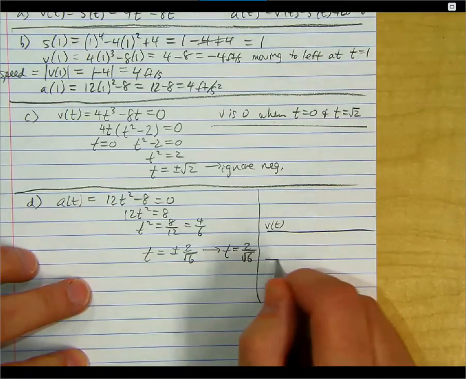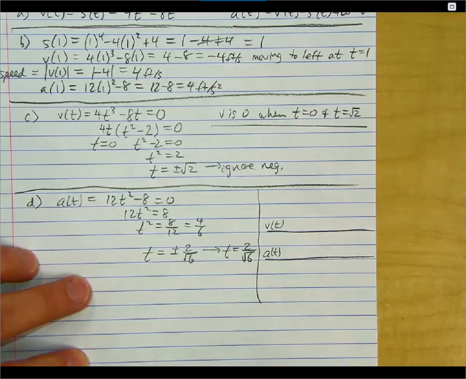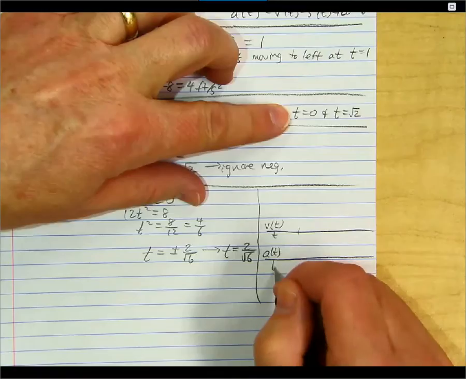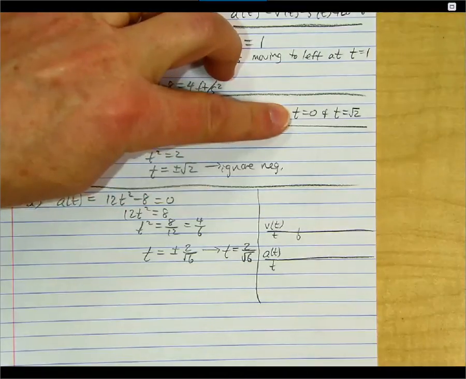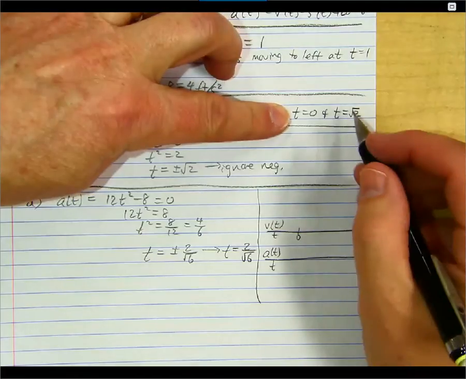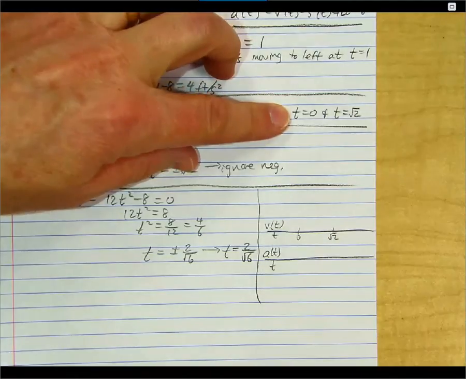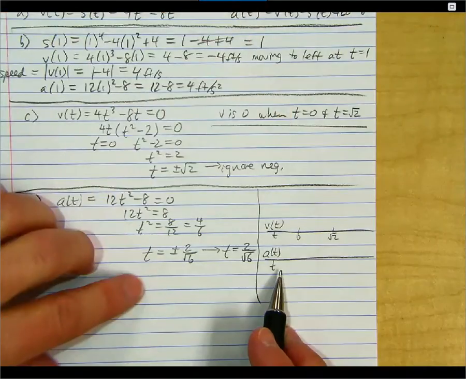We'll go down a couple of lines. We'll put acceleration on this one. And keep in mind, we need the 0 mark. So t equals 0 here. And let's see, the other critical point for velocity was square root of 2. We're going to ignore the negative versions. Next, we're going to go down here.